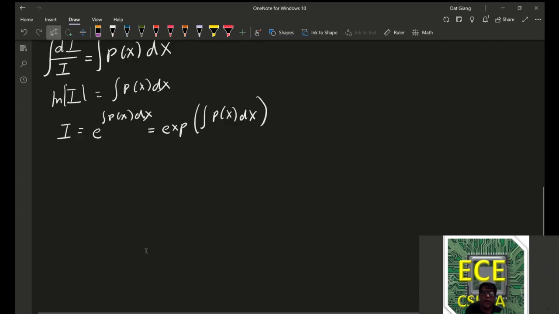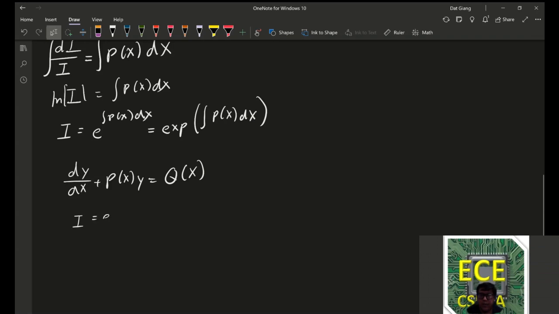So, just to recap, we're given a form dy/dx plus p of x y equals q of x. But in order to simplify, we have to multiply the integration factor I to both sides. When we do so, we break this down into d/dx of I y equals I q of x.